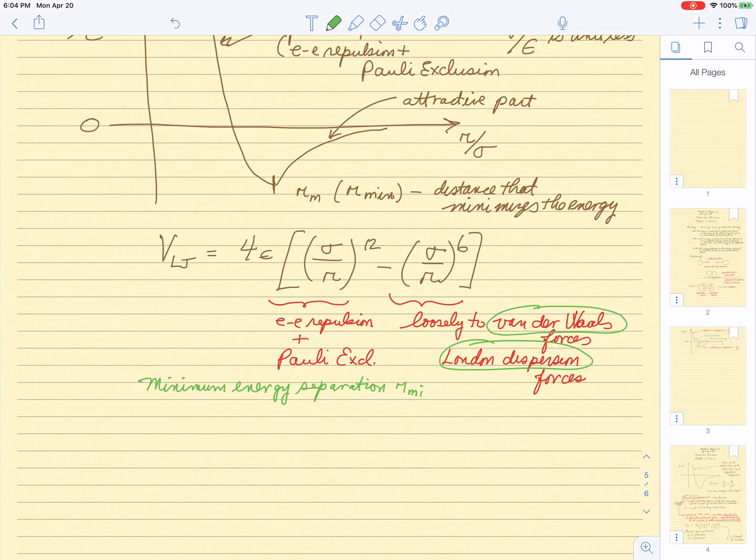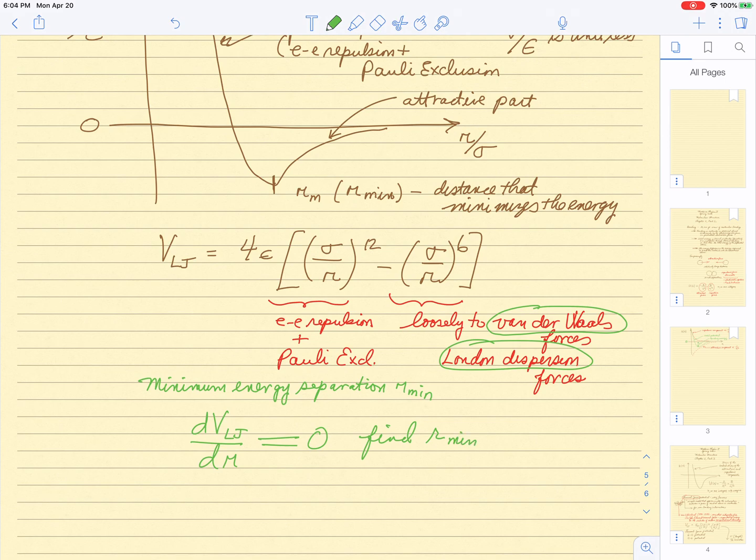One can merely just take the derivative of the Lennard-Jones potential with respect to distance, set it equal to 0, and find R min.